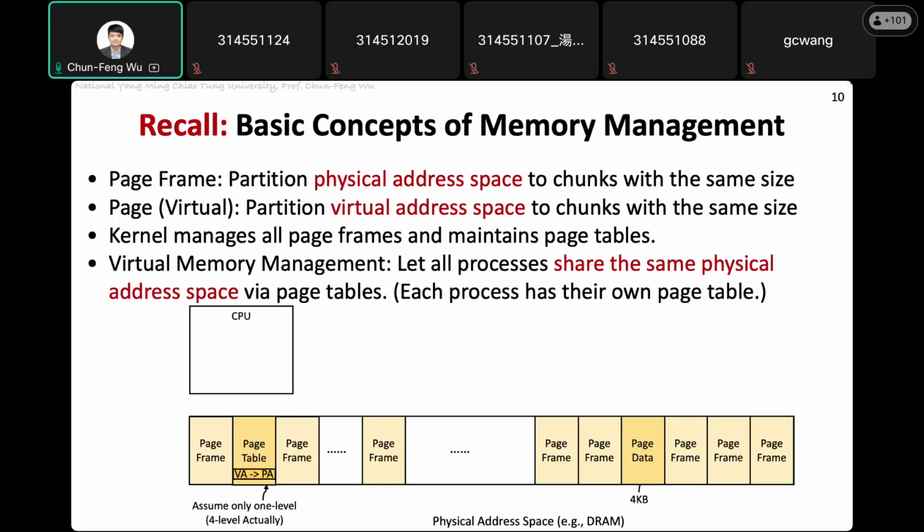But for the user part, in virtual memory management, all processes share the same physical address space via page tables. Each process has its own page table, because when you are programming, you don't know how other programmers do their memory layout, and you don't really need to know.